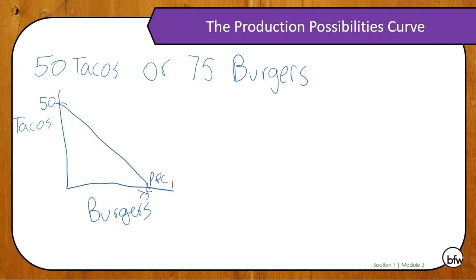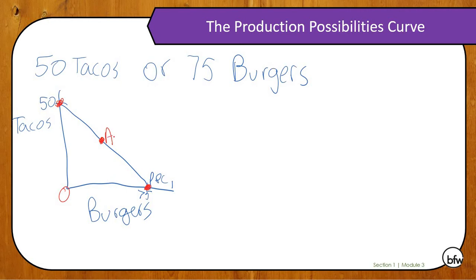Now, what this shows us is that in this economy, they could produce either 50 tacos and 0 burgers, or they could produce 75 burgers and 0 tacos, or anywhere along the production possibilities curve. So let's say they decided to perfectly split production right down the middle.